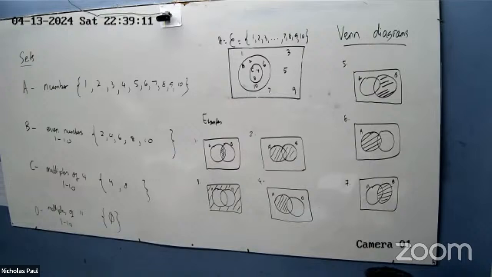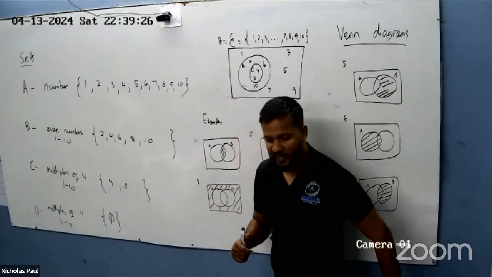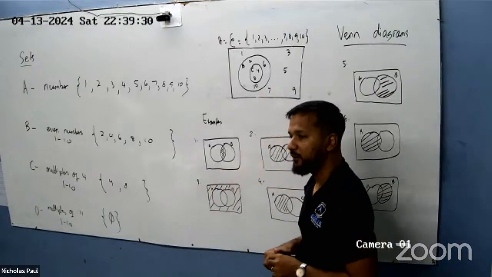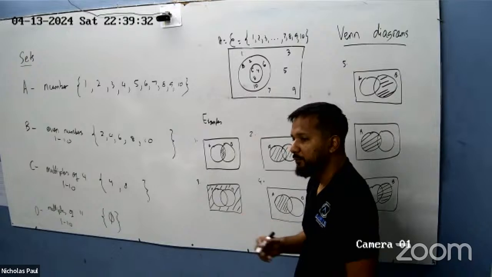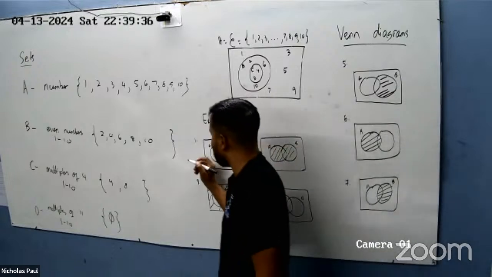All right, let's go. First one. What do you think this shaded area here represents? Intersect, correct.